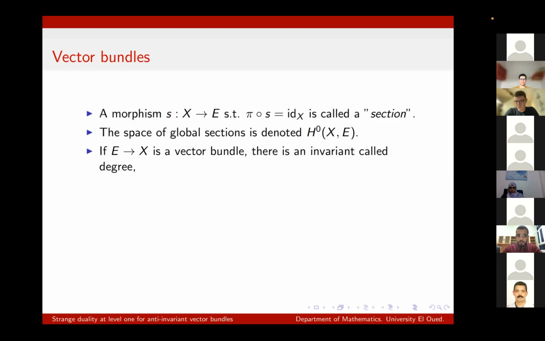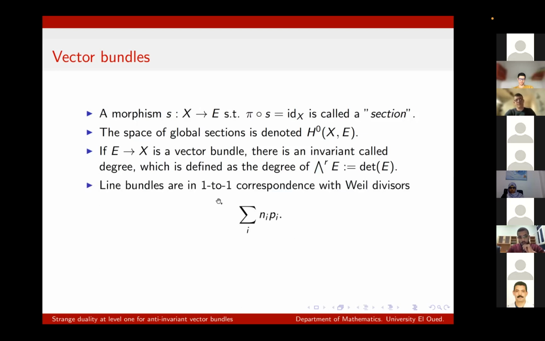Okay, so there is another invariant. If you have a vector bundle, then you have a degree of the vector bundle, which is defined as the degree of the top exterior power of E. If you take the top exterior power of a vector bundle, then you get a line bundle. And to define the degree, I think the easiest way is to see that line bundles are in one-to-one correspondence with Weil divisors. Weil divisors are just formal sums over Z of points.